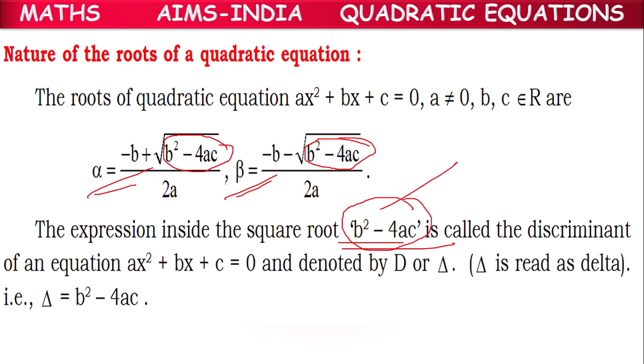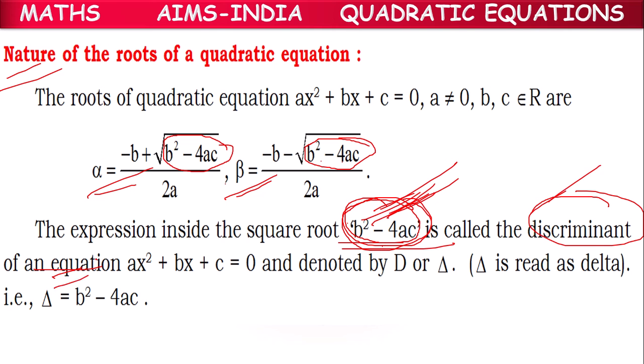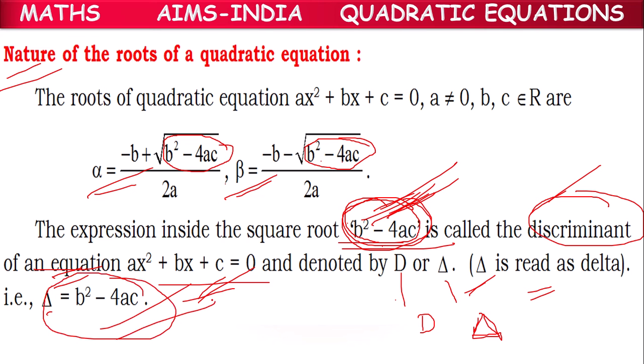Based on the value inside the root, we can guess the nature of roots, and this value is called the discriminant of the equation ax square plus bx plus c equal to 0. It is sometimes denoted by capital D, sometimes by the delta symbol, the triangle symbol. So delta equals b square minus 4ac.